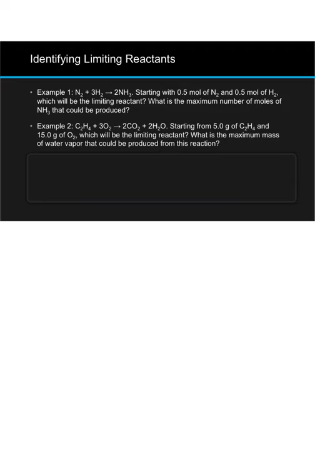And now, what is the maximum mass or theoretical yield of water that could be produced from this reaction? Here we're given a balanced reaction directly, but we are going to have to figure out moles of C2H4 and of O2 from the masses given. Therefore, we're going to need molar masses for both.